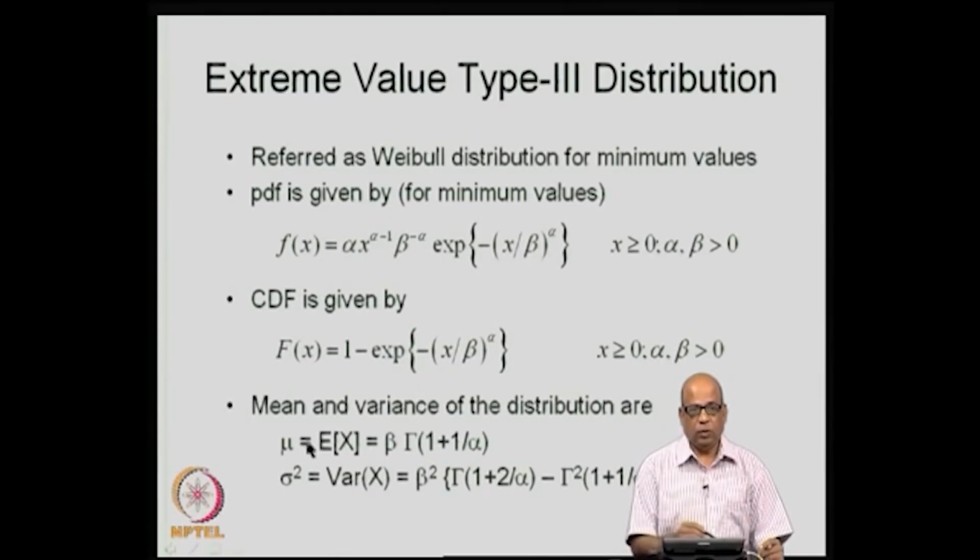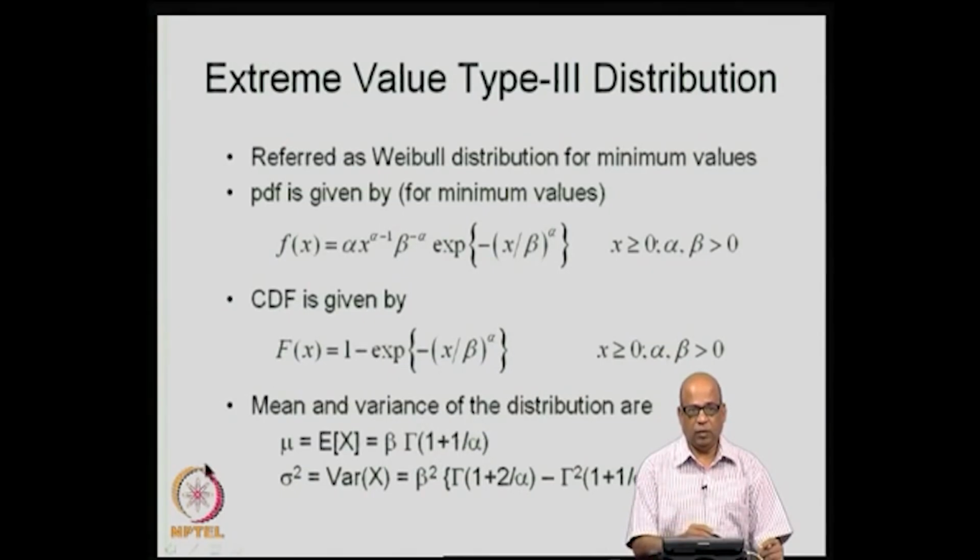Now, it can be shown that the mean and the variance of this distribution will be as follows. The mean, which is the expected value of x, is beta times the gamma function of (1 + 1/alpha).